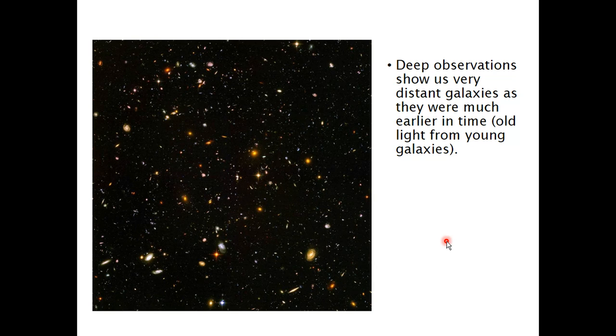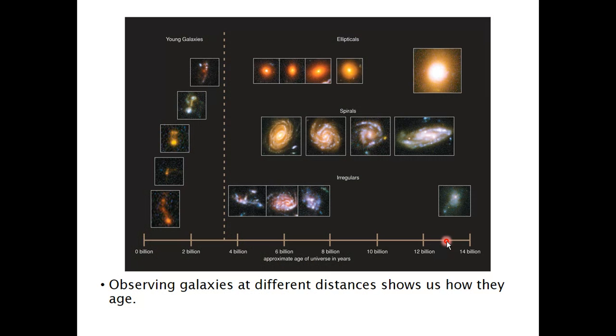The idea is that the light is produced when the galaxies are younger, and then they travel to us. And so seeing them at different distances is showing us the different ages of galaxies.